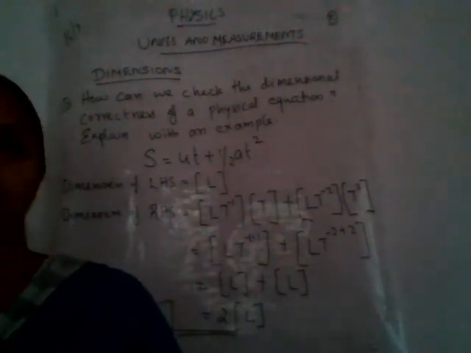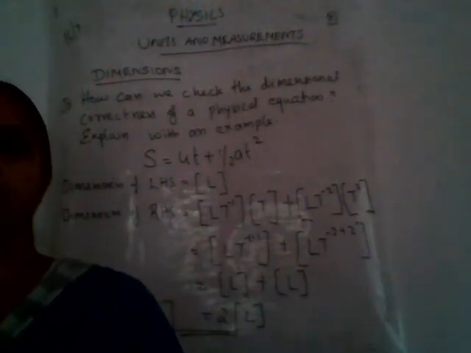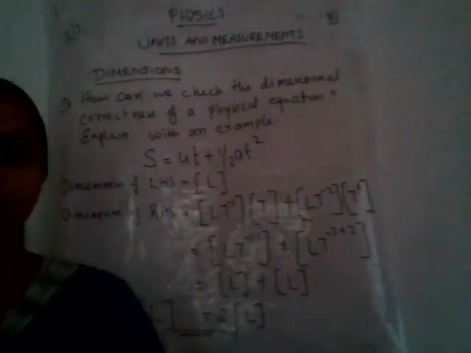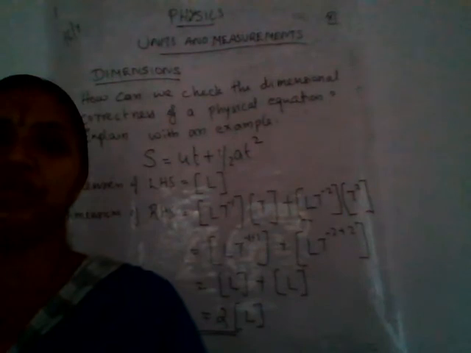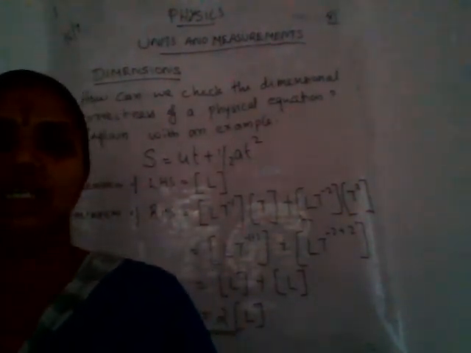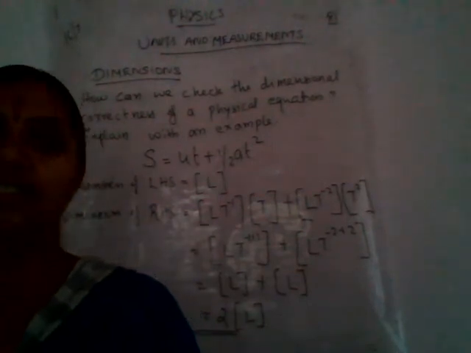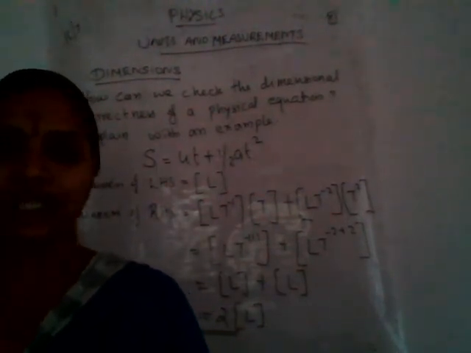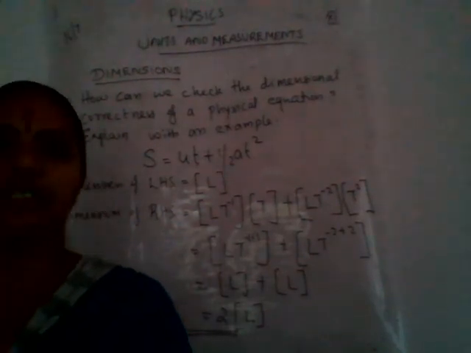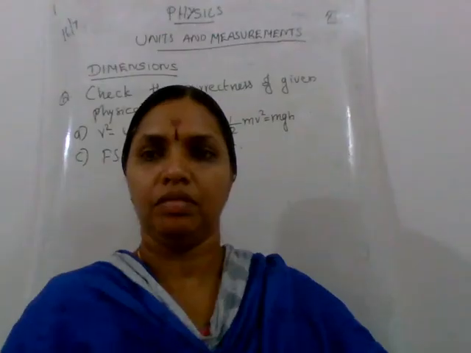You have to write the dimension and check whether it is the same. It is the same here. So S is equal to ut plus half at square is a correct physical equation. So we verified that on the basis of dimensional analysis.